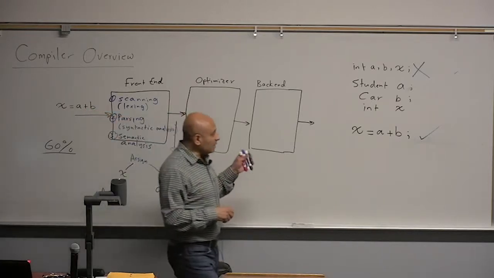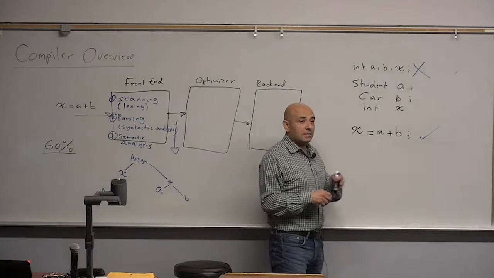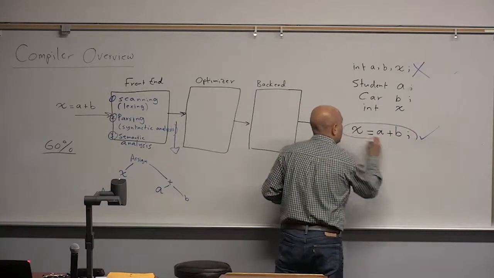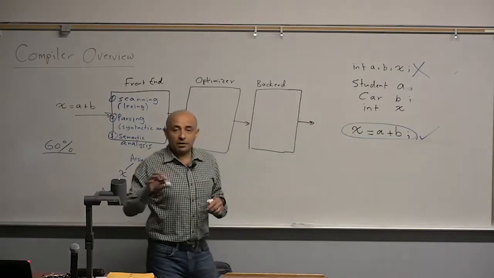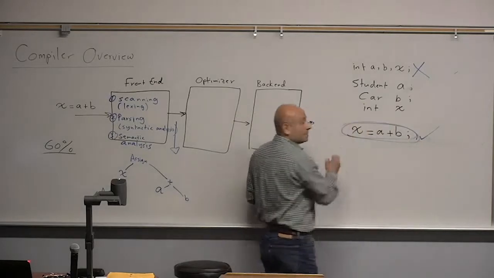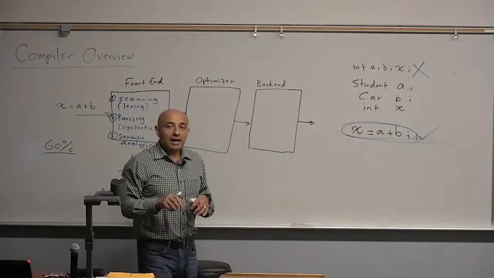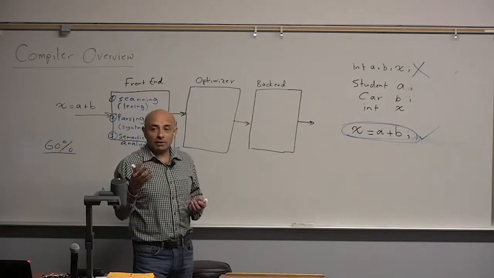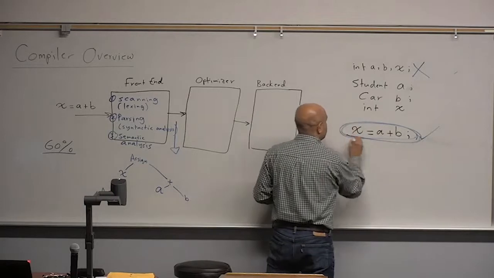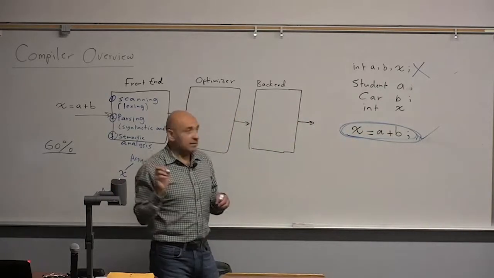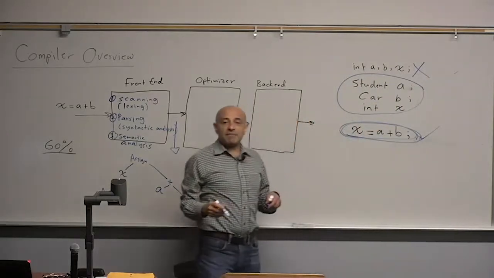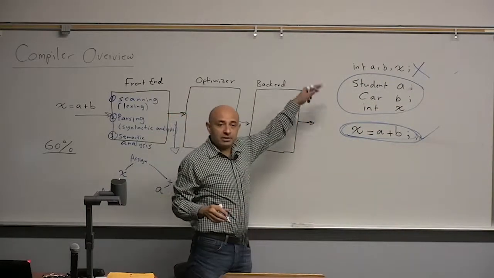And as you can see, parsing or checking syntax can be done locally. We just look at this and match it up with one of the rules in the grammar that defines the language. But in order to check semantics, we have to do a deeper and more global kind of analysis. We have to link this assignment statement with these declarations, which may have appeared much earlier in the code.